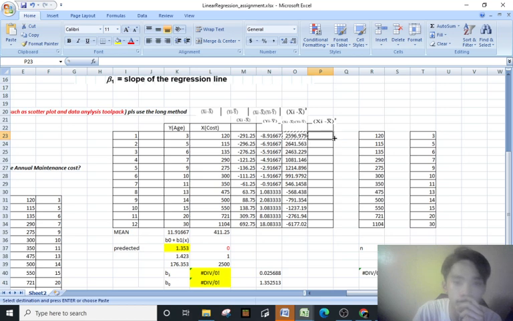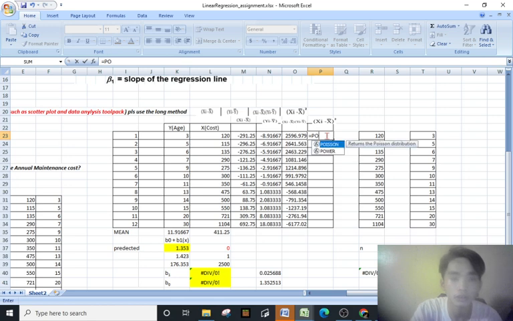Here are the x minus average x, squared. What you need to do is type power, then select the x value, then squared, enter.